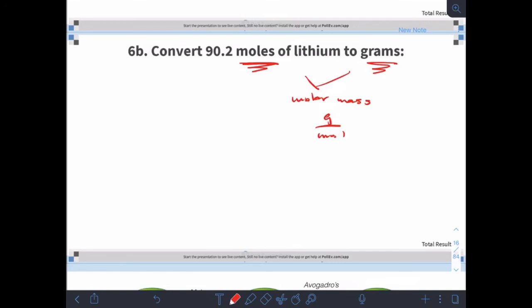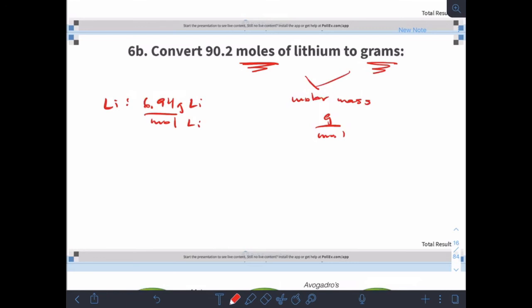Right, so if we look up lithium on the periodic table, we find that it is 6.94 grams per mole. So 6.94 grams of lithium per mole of lithium. So let's go ahead and put that in there.